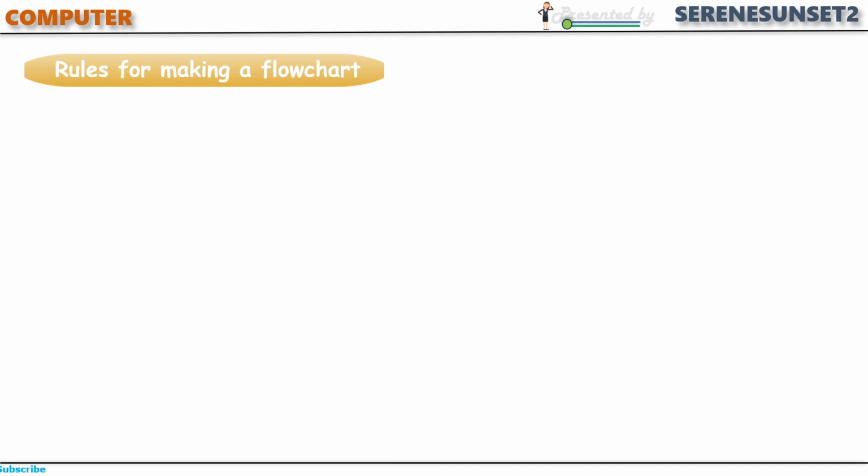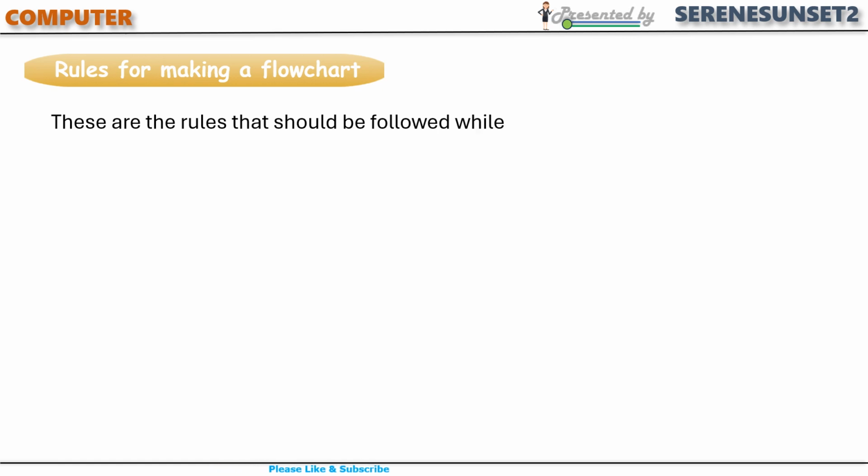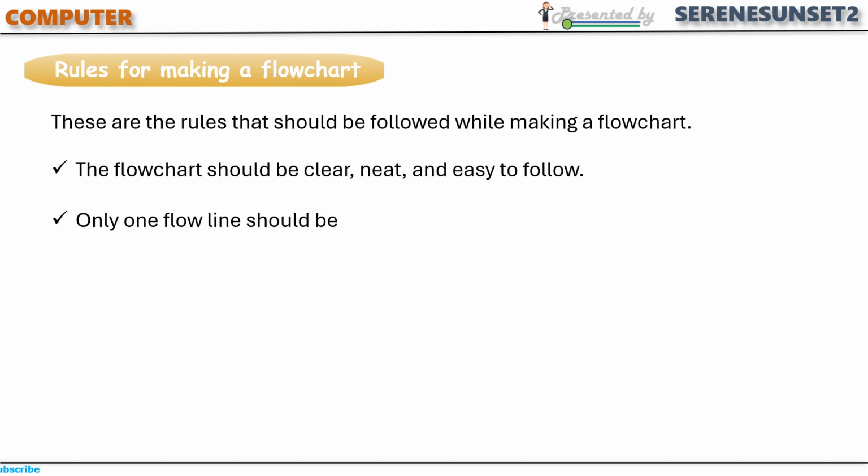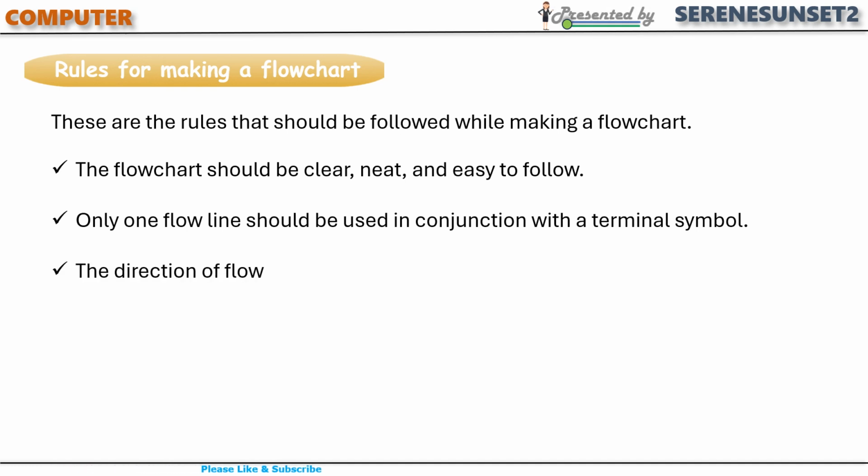Rules for making a flowchart. These are the rules that should be followed while making a flowchart. The flowchart should be clear, neat, and easy to follow. Only one flow line should be used in conjunction with a terminal symbol.